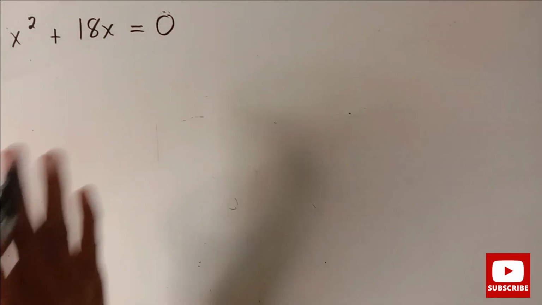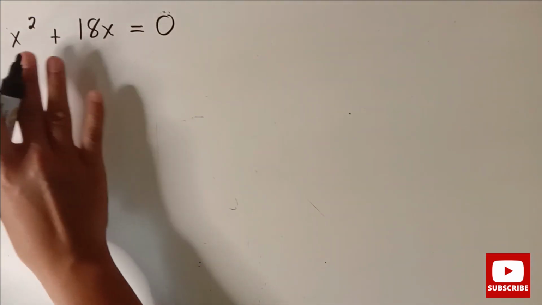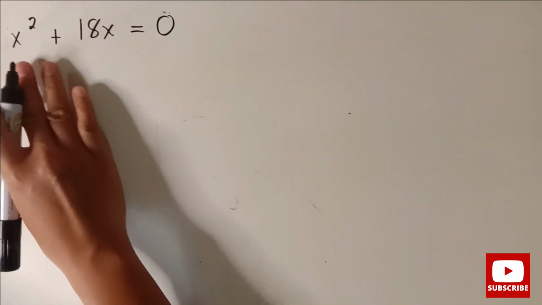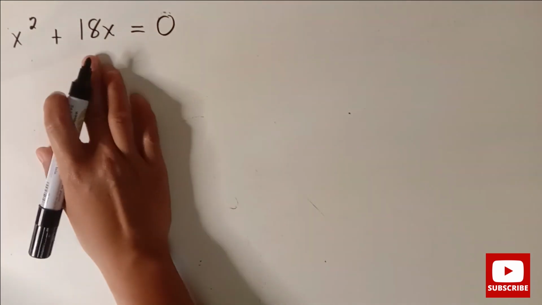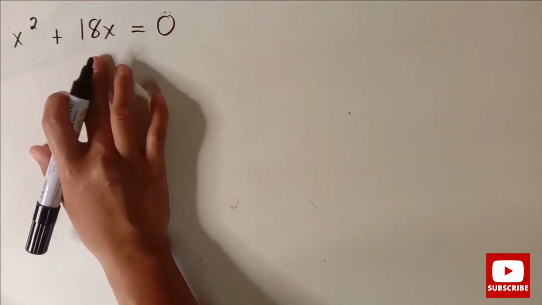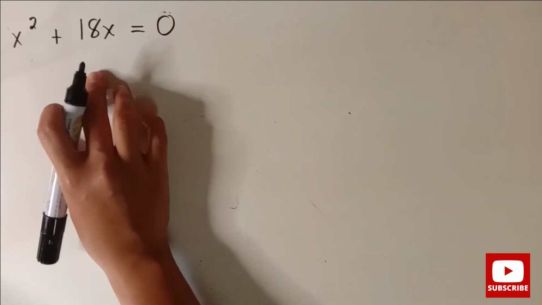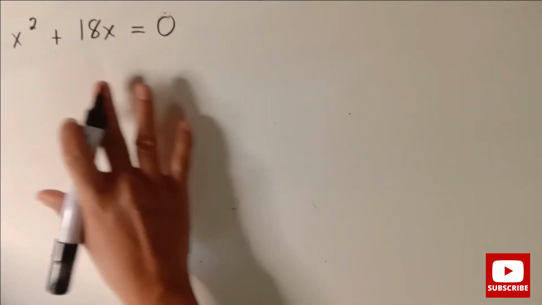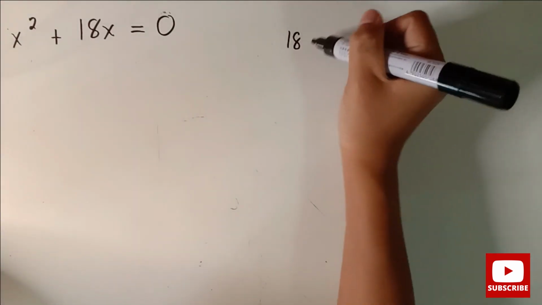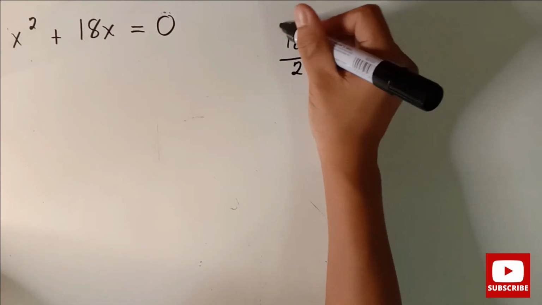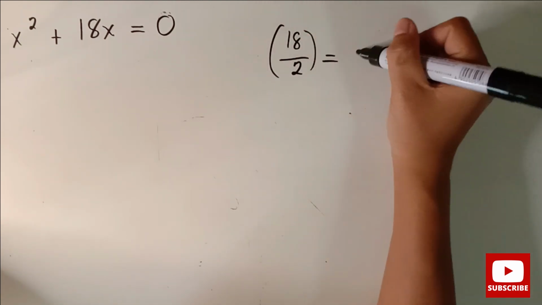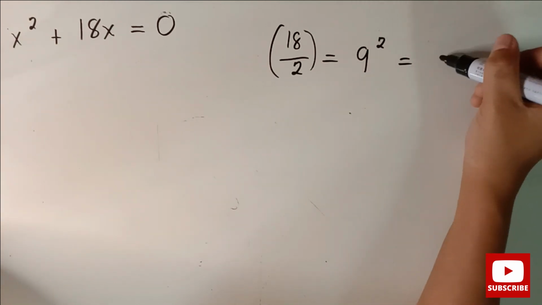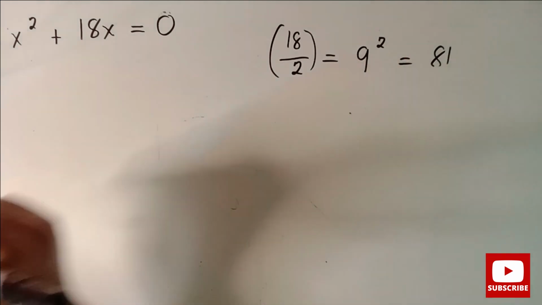Since it is already isolated, we are moving to the next step, which is finding the second term, which is 18, and divide it by 2, that is 9, and square it, that will be 9 squared, that is 81.